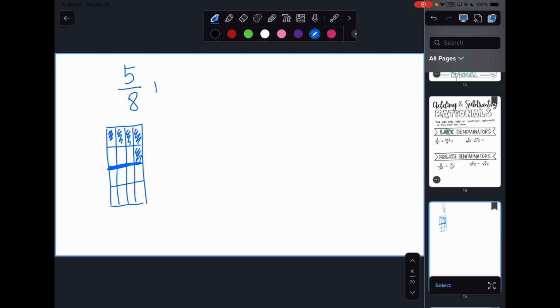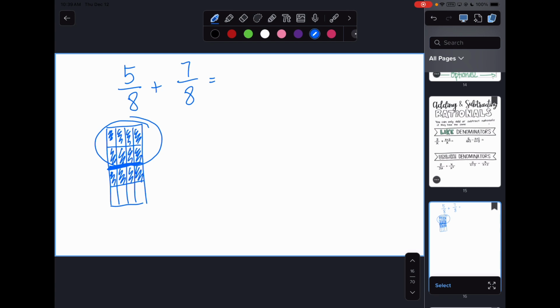And then let's say I'm adding 7/8 to that. How many of the little rectangles of Hershey's do I have? It would be all of the 8 and how much more? 1, 2, 3, that's 6 and 7. That'd be 3/4 of a whole bar.